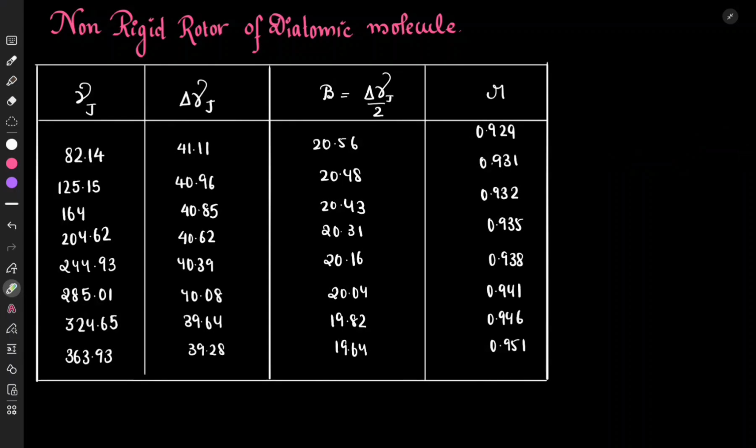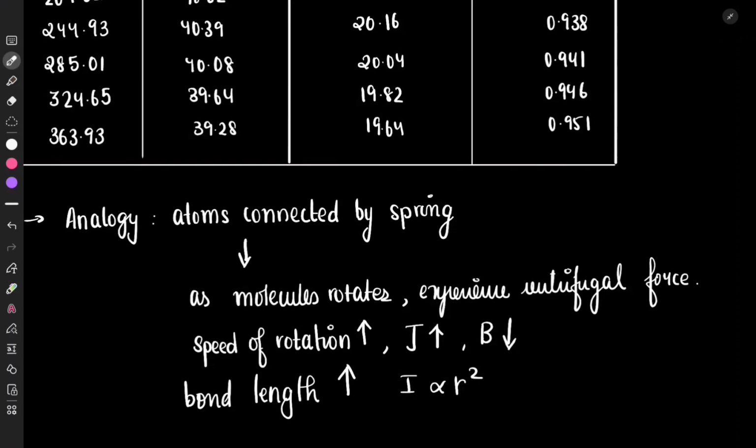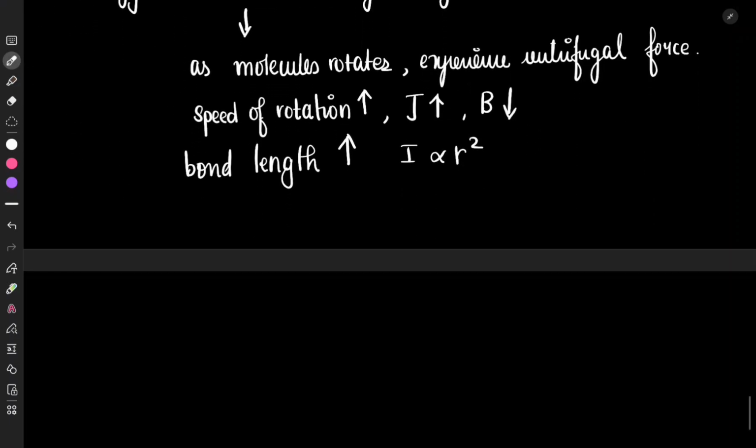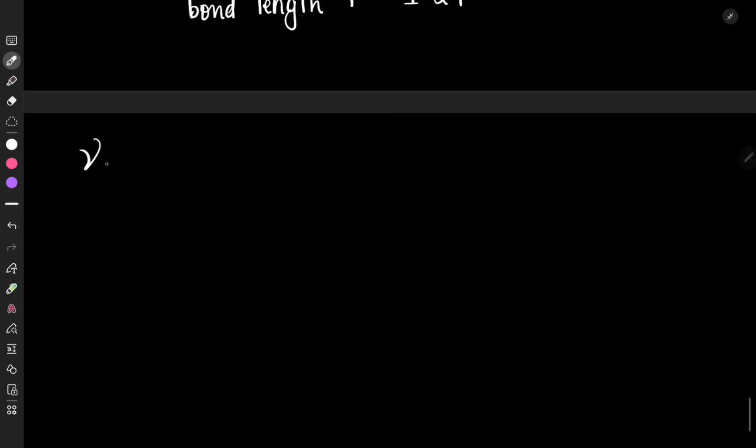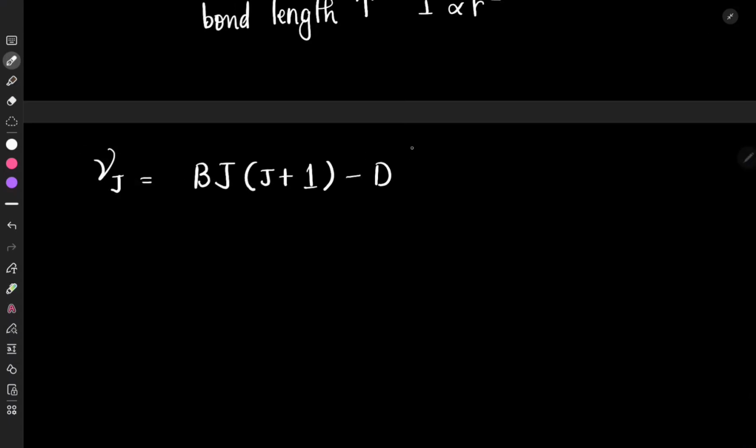I'll just write these points down so that it will be easier for you to understand. So now we'll write the frequency equation. Nu J for the rigid rotor model was B into J into J plus 1, but in the case of the non-rigid rotor, there is an additional term, minus D into J into J plus 1 the whole square.